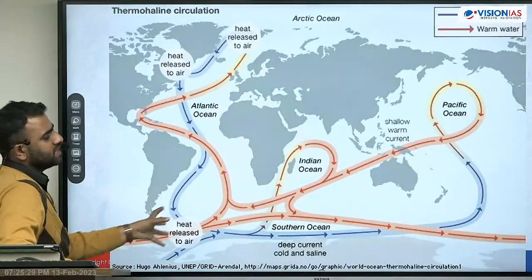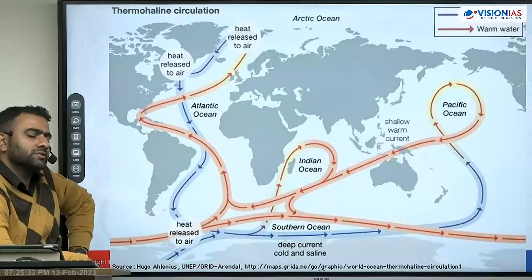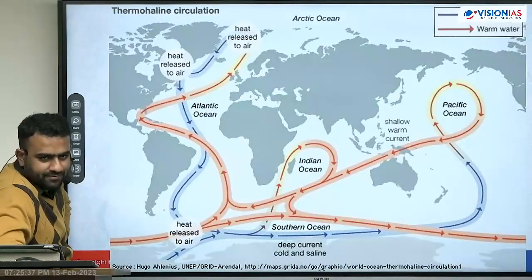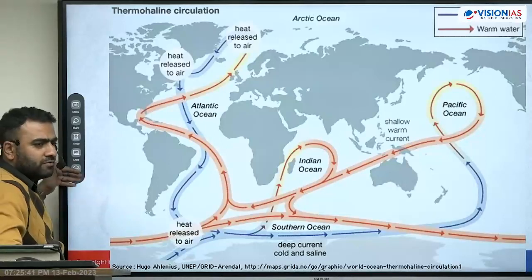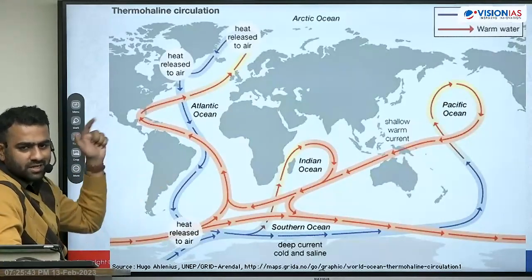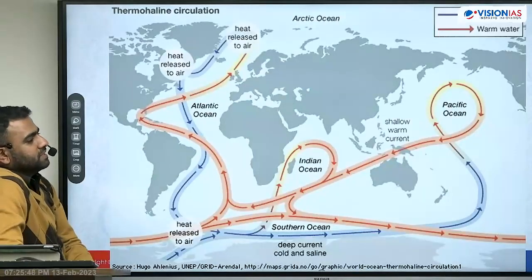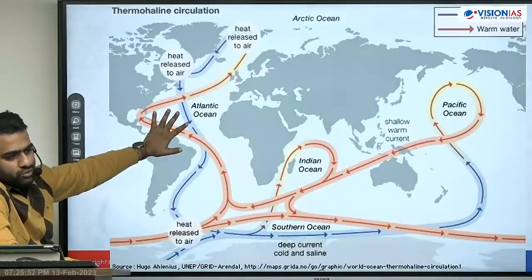It is the same current which is moving all across the different parts of the world, because all the waters are of the same characteristics. And since they are moving very slowly and continuously in different parts of the world, all of them are connected into a single belt kind of structure, resulting in a great conveyor belt of the ocean.